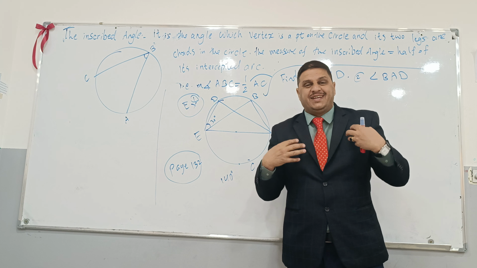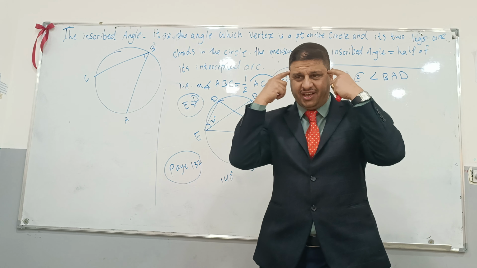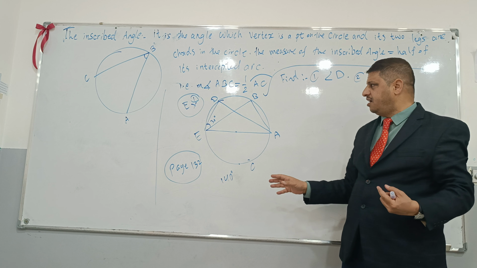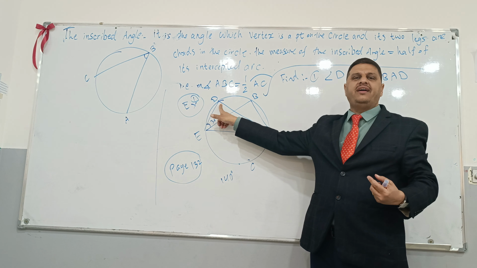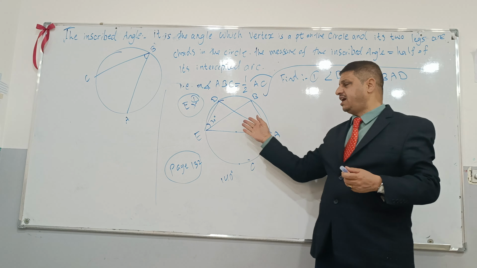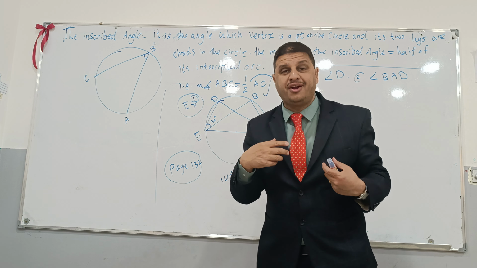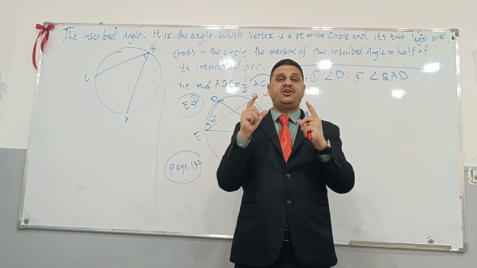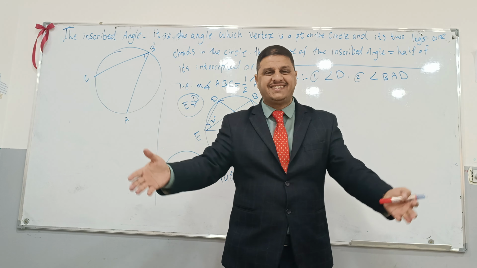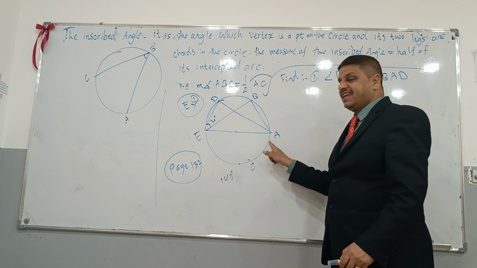As a student, when I come to solve any question, I have to think deeply. The teacher has given me this question, saying find the measure of the angle D. I will not hesitate. Why? Because I have studied the inscribed angle, and the teacher told me that its measure equals half of its intercepted arc. Which is its intercepted arc?